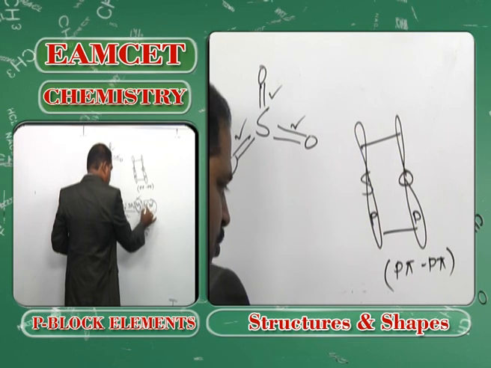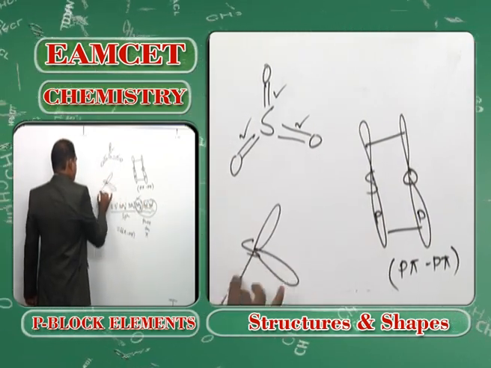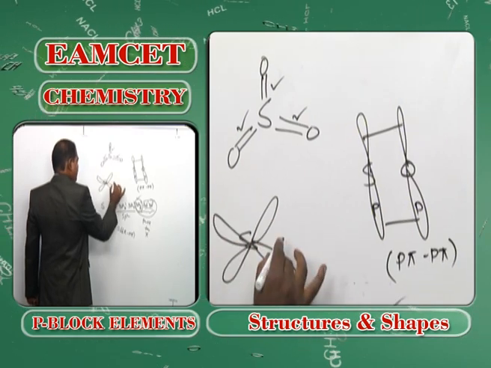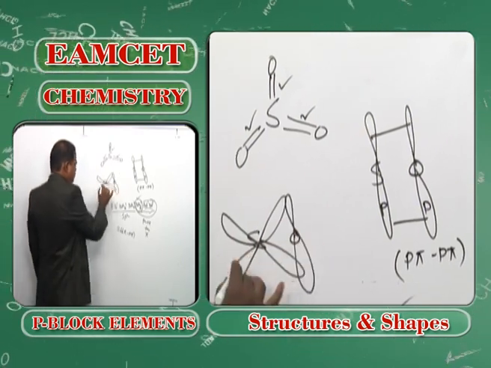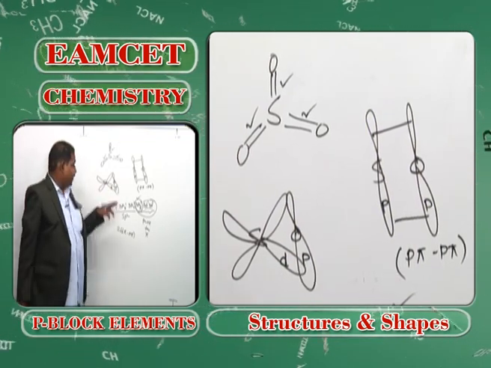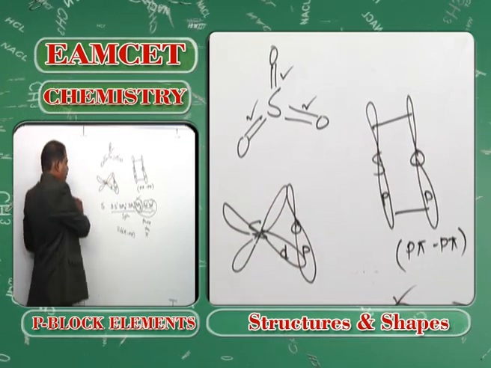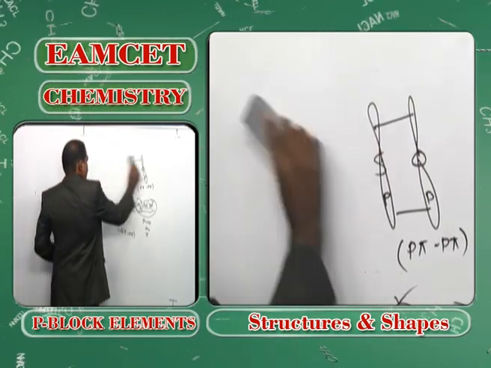But what about these two? D orbital of sulfur and p orbital of oxygen. So, this is a d orbital, this is a p orbital. So, this is called d pi p pi bond. You need not be very particular about this drawing, don't worry.